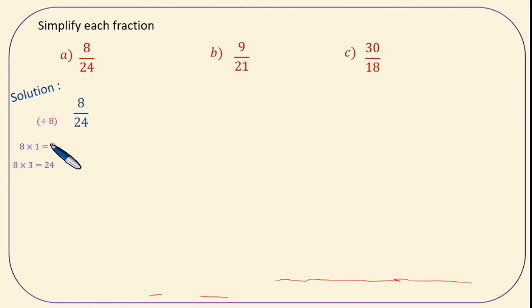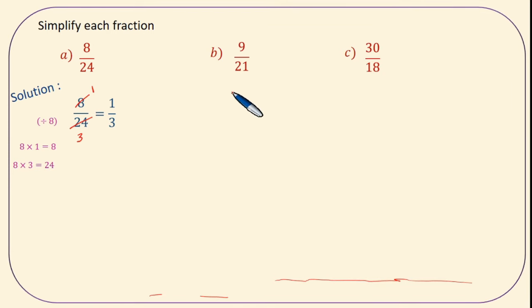So 8 over 24 is equal to 1 over 3. This is the simplified form of this fraction.